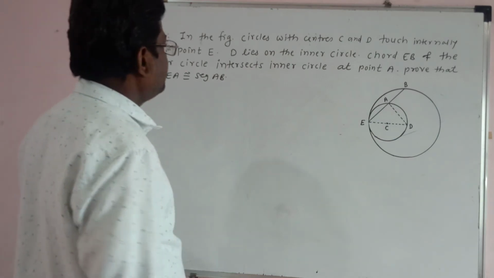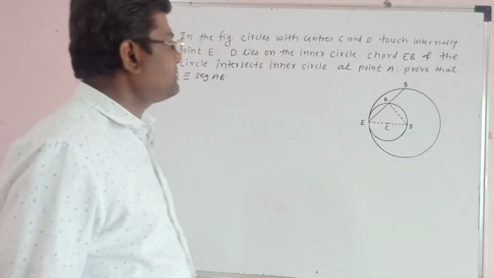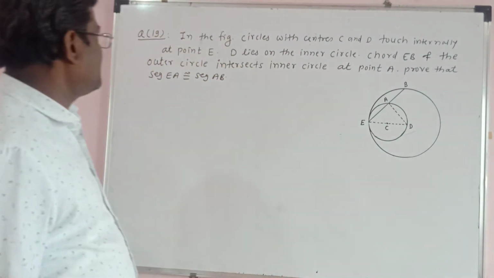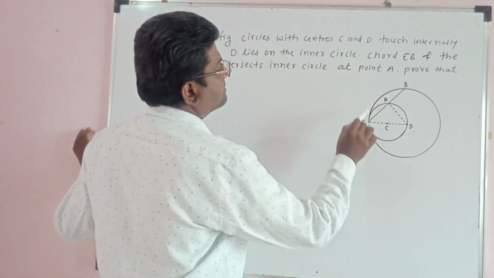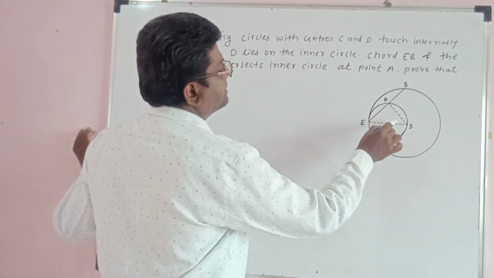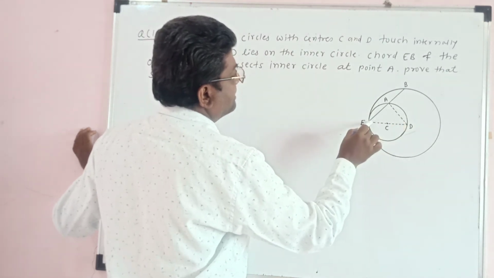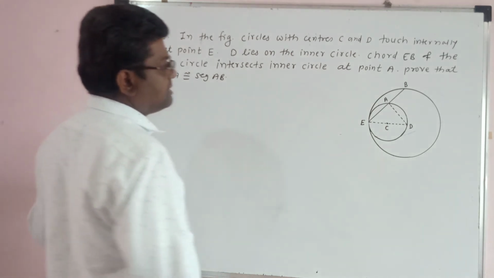Example number 19. In the figure, circles with center C and D touch internally at point E. Point D lies on the inner circle.